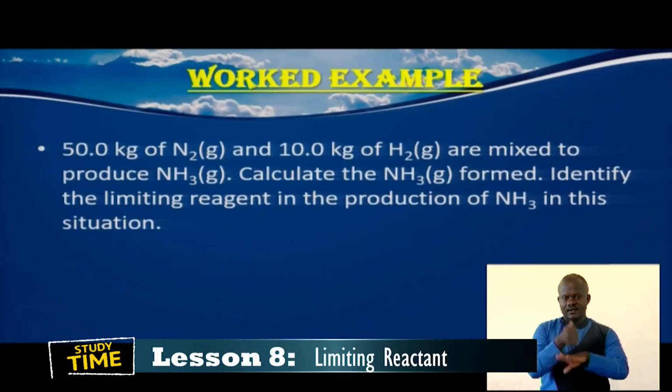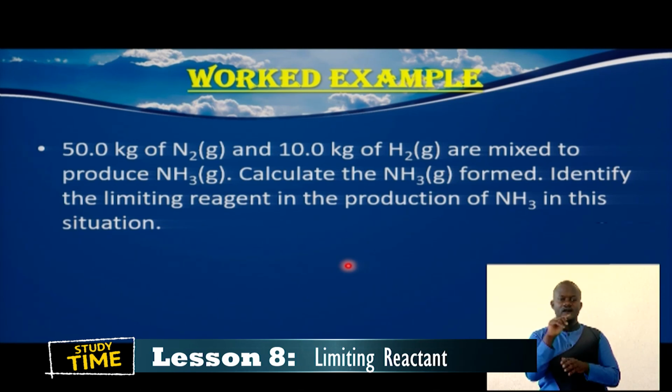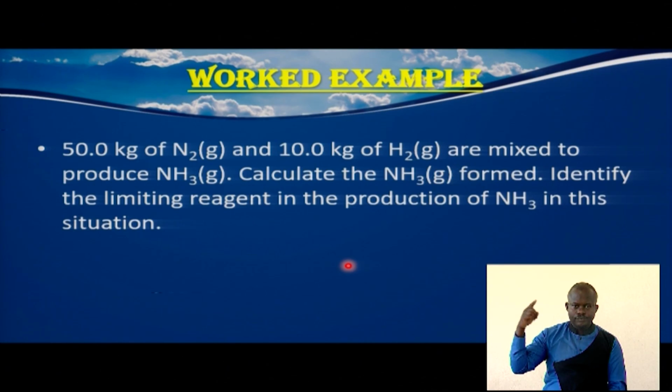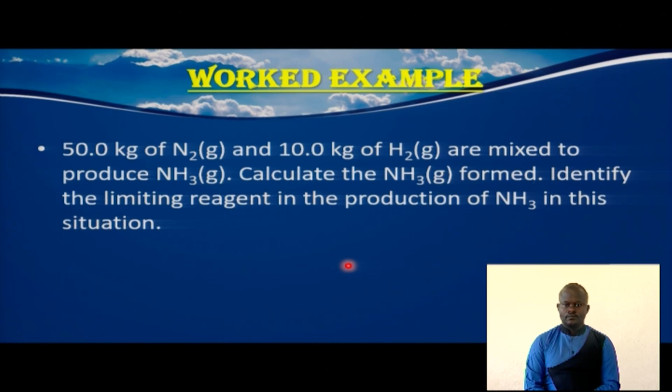Here we have 50 kilograms of nitrogen and 10 kilograms of hydrogen are mixed to produce ammonia. Calculate the ammonia formed. Identify the limiting reagent in the production of ammonia in this situation.